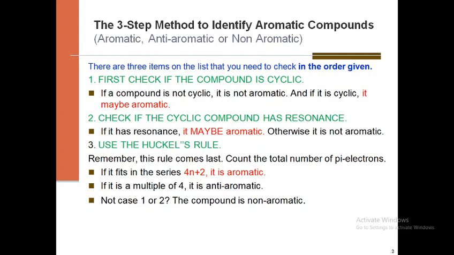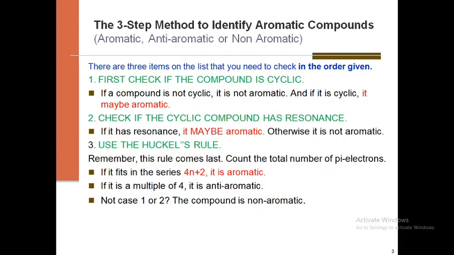Now, I simply explain that if your compound is cyclic, if it has a conjugated system or resonating form, and it follows the 4n plus 2 rule, then it is called aromatic. If your compound is cyclic, it has the resonating form, and the pi electrons are a multiple of 4, like 4, 8, 12, then it is called anti-aromatic.